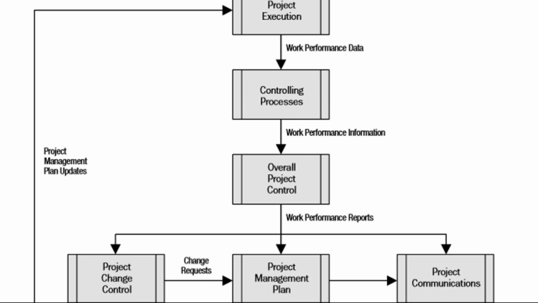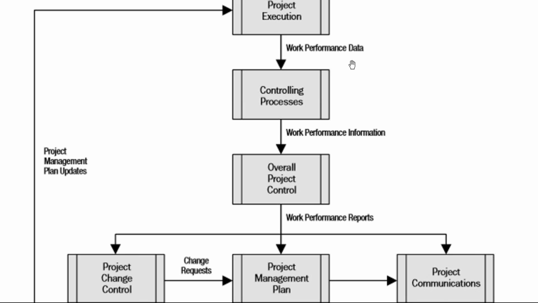There's a particular flow of the evolution of how a report starts as data. Data becomes information. Information becomes reports. I stop and say this because if you think in these terms as we're executing our project, in other words, I'm assigning work and tasks are being executed, I am generating work performance data. Great example, earned value.